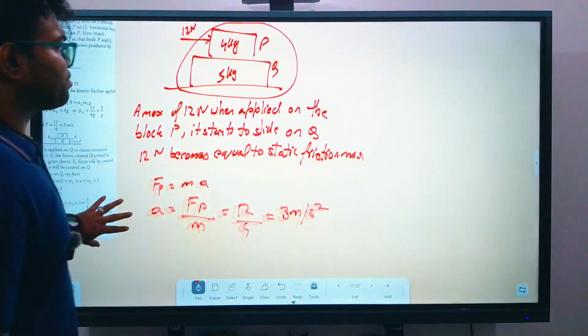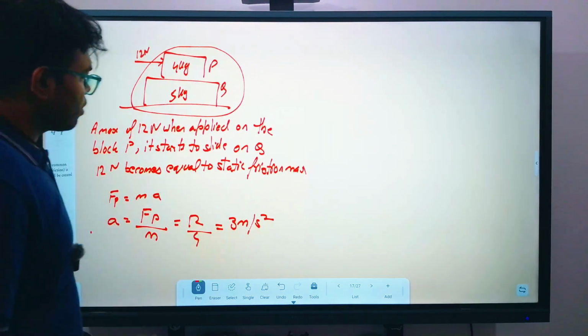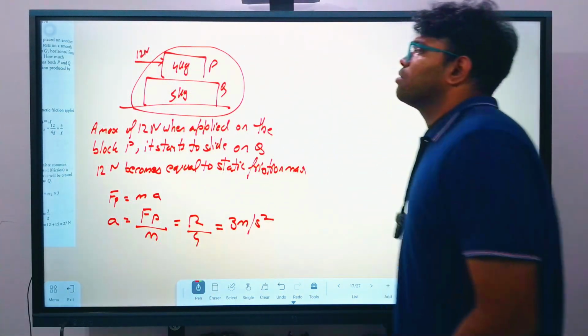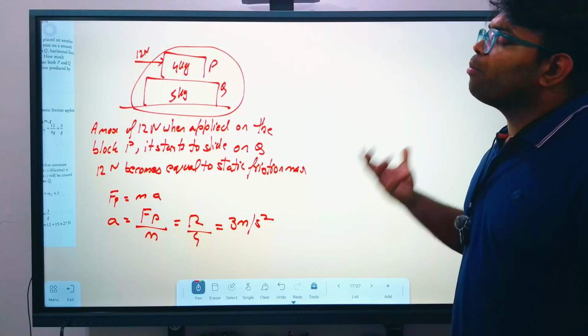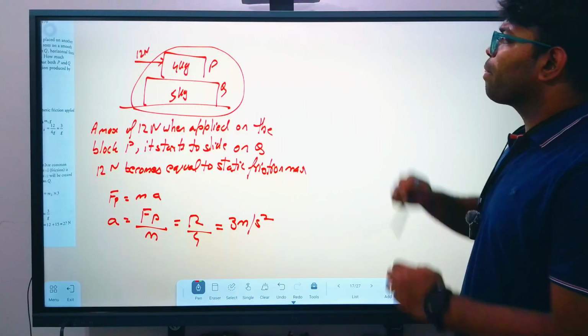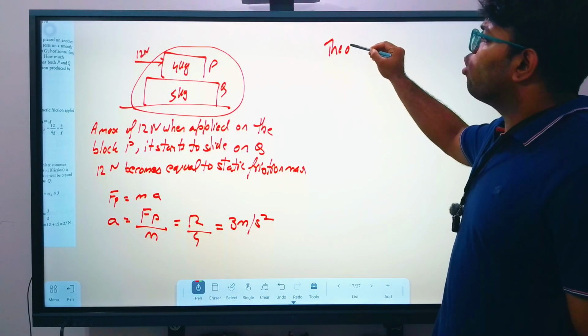Now imagine this. What is the overall mass of the system?